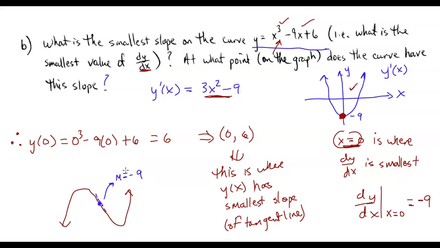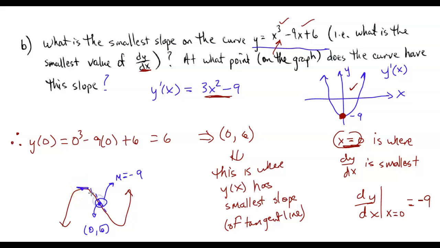Okay. Now, for future reference, this concept of trying to find out where the smallest derivative would be for a particular function, this is code for what we call an inflection point on a graph. Okay. So if you notice here, at the point that I've drawn, and of course this is the point (0, 6), notice that my graph from this point here, from this point on down, it starts to decrease.